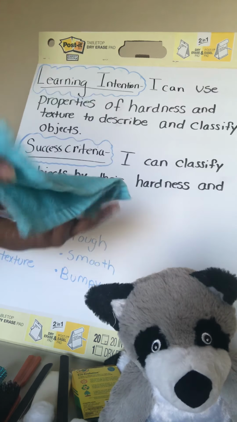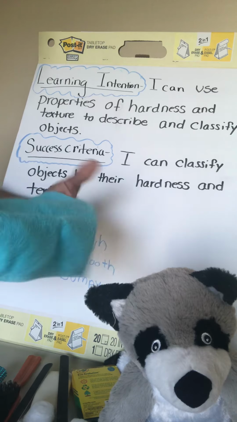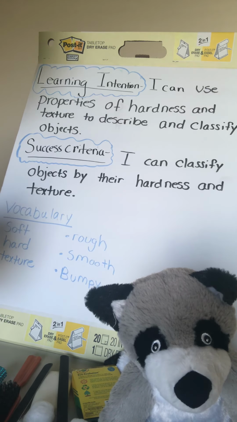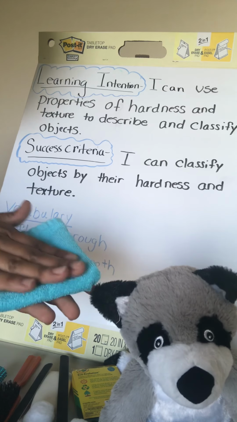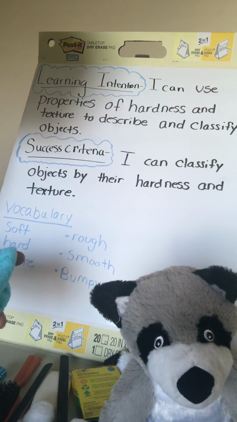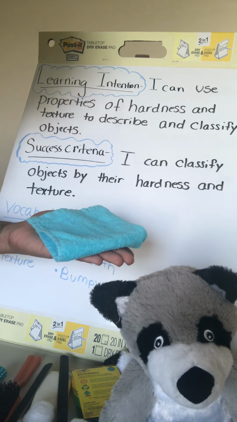My last item. I have a towel, a hand towel. I'm going to feel the texture. If you notice, I'm using my vocabulary word, texture. I'm going to feel the texture of the towel. Tell me if it's soft, hard, rough, smooth, or bumpy. I'm going to give you some wait time.